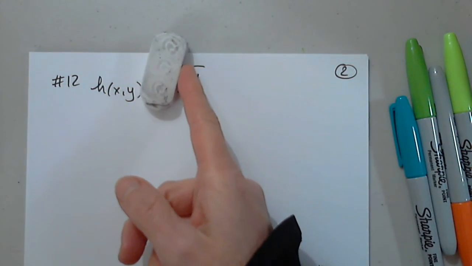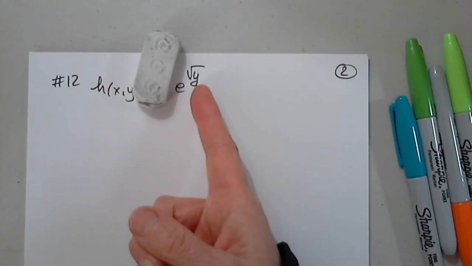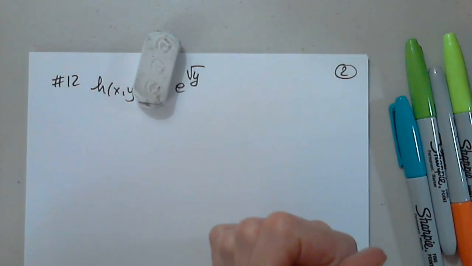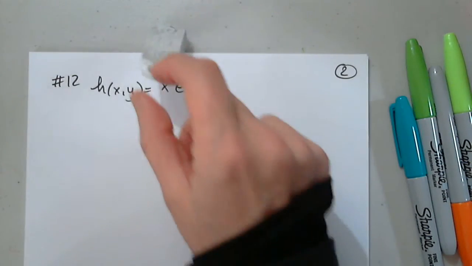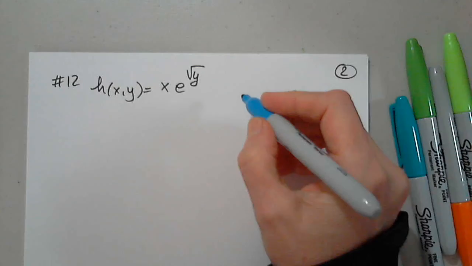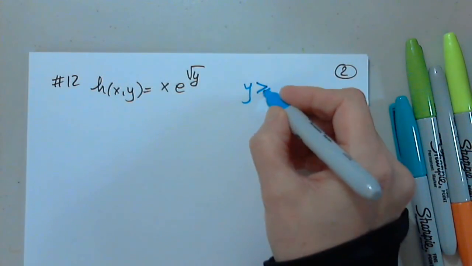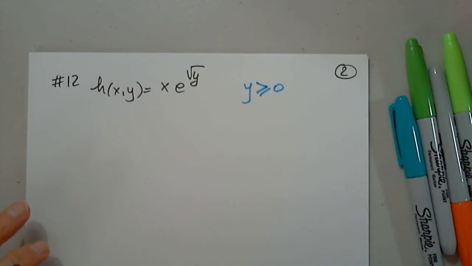Now I'm going to look at the other piece, because the other piece has e to the square root of y. Are there any restrictions for y? Anyone? Any restrictions for y? It has to be greater than or equal to 0. Brilliant. Thank you.